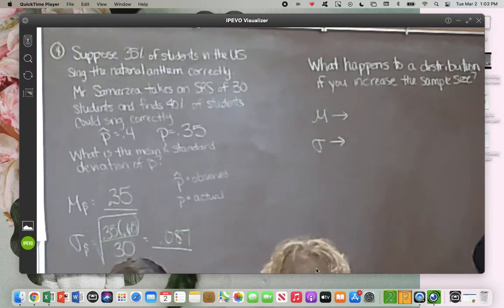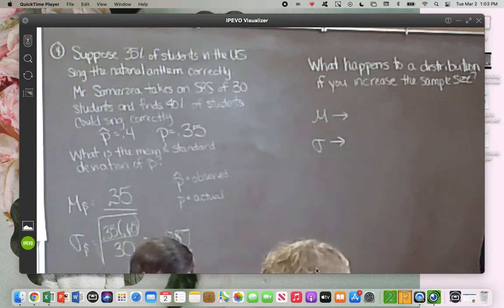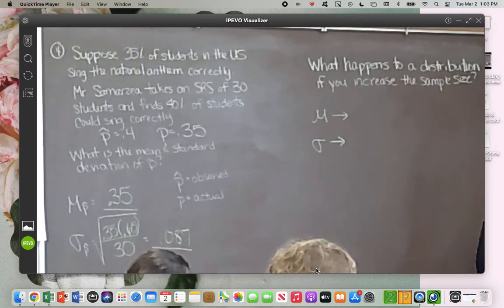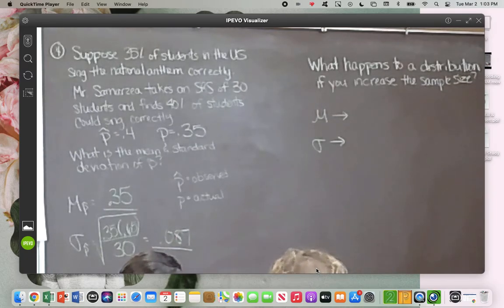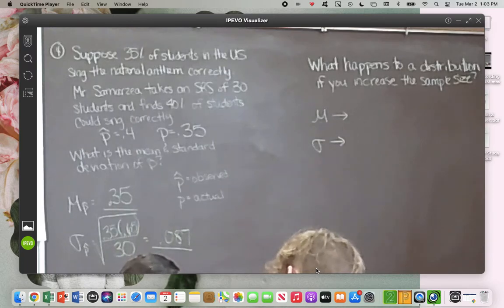Now, this is my last thought for the day. What happens if you increase the sample size? If I increase the sample size, will that change the mean? Well, the sample size is which variable? P, Q, or N?